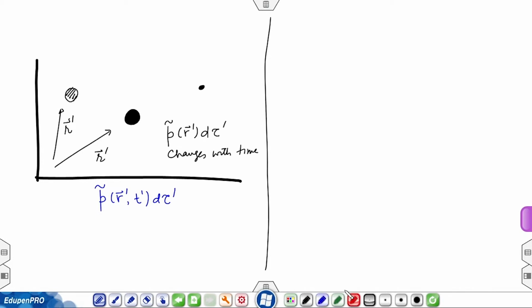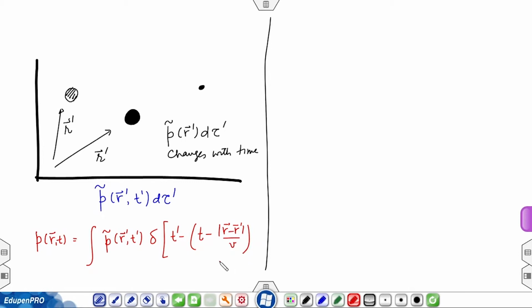Then P at r, t is going to be a superposition of all these, and I can write this as the integral of P tilde r prime t prime times delta function of t prime minus t minus mod r minus r prime over v, d tau prime dt prime.